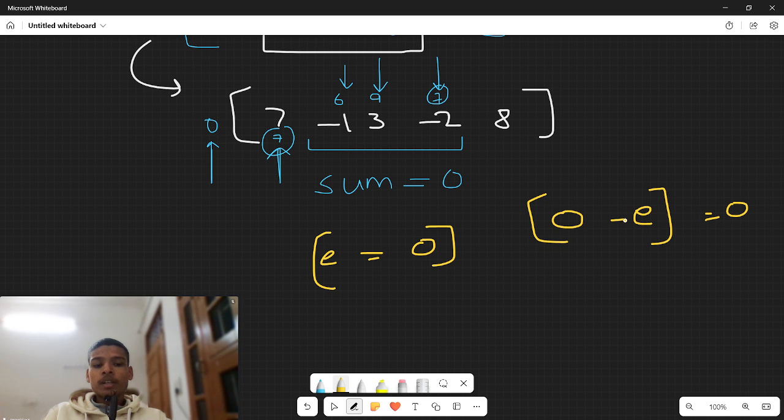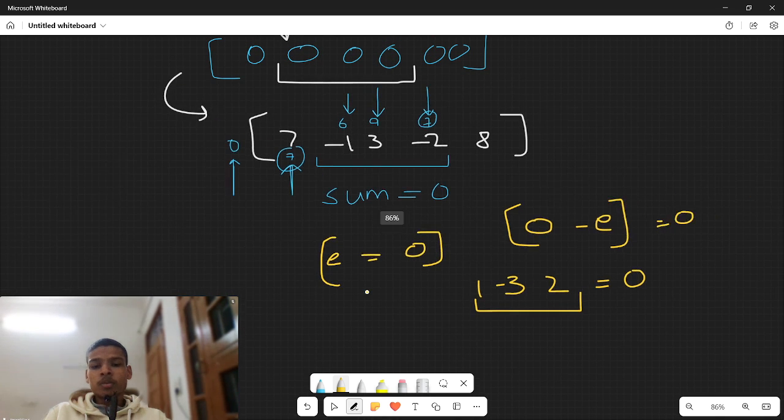So now tell me, if I negate all the even-index numbers. For example, in this case, it is like 1, 3, 2. So if I negate all the numbers which are on even indexes, like minus 3, and now take the subarray sum, it comes equal to 0. Yes, it is coming equal to 0.